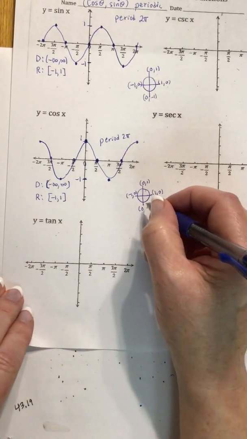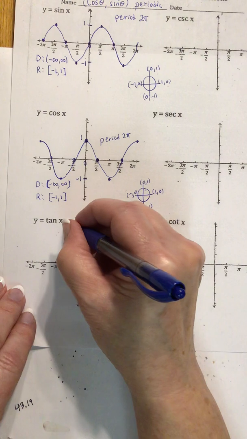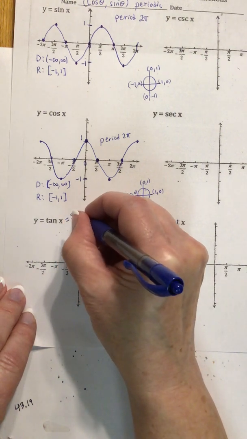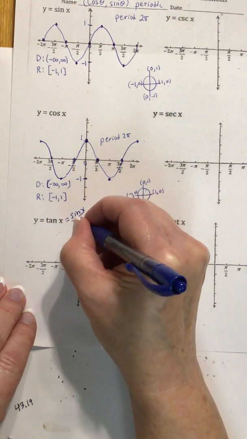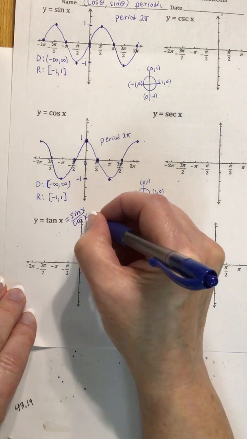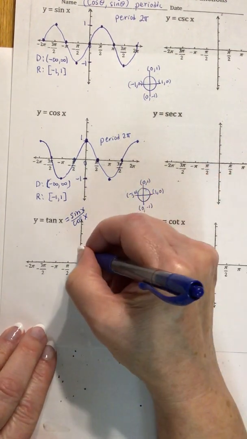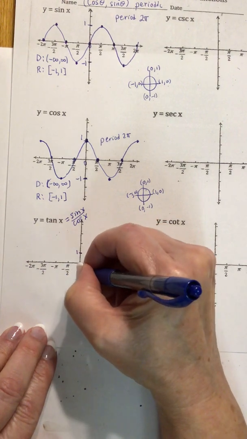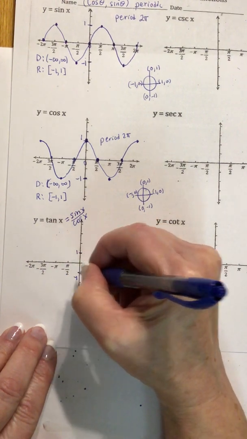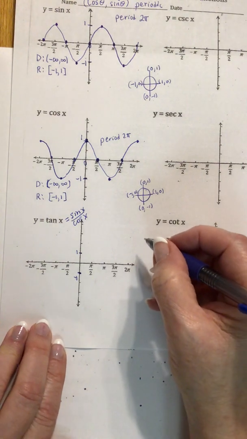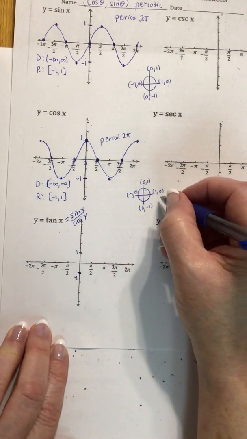Next one we're going to go to is tangent. So we're going to rewrite tangent as sine x over cosine x, because we know that tangent is sine over cosine. This time we're going to let this be the 1 and this be the negative 1. So we go to 0, so sine over cosine.